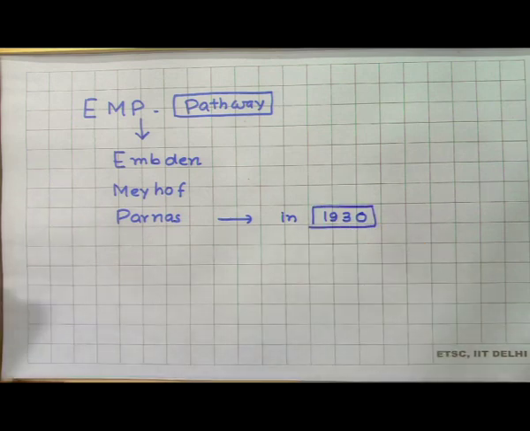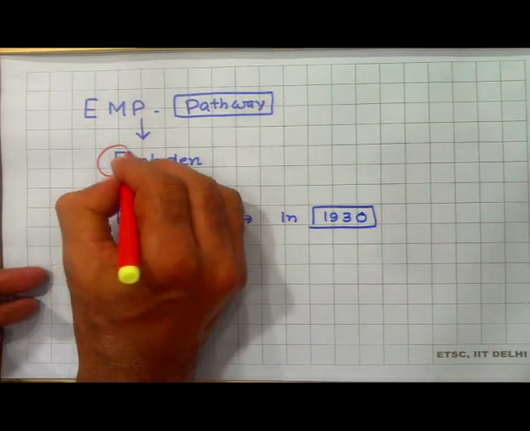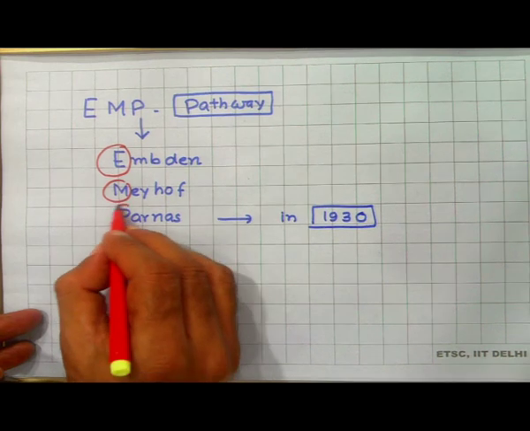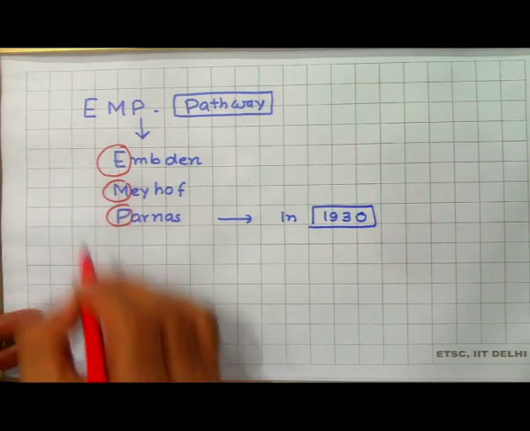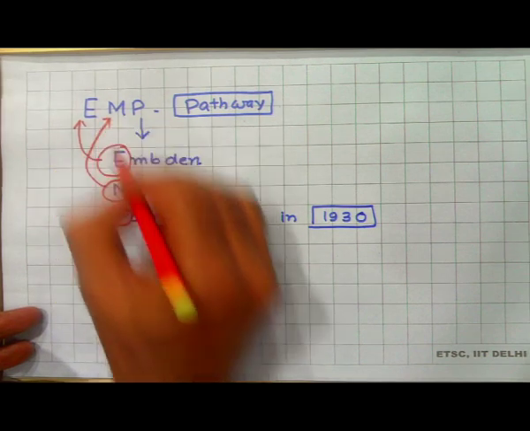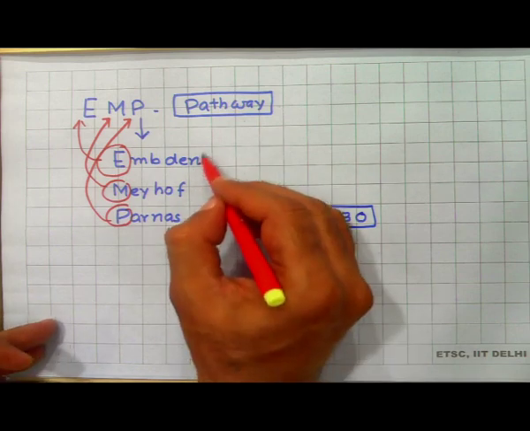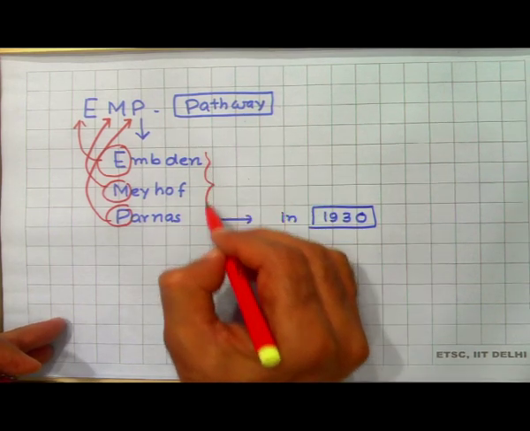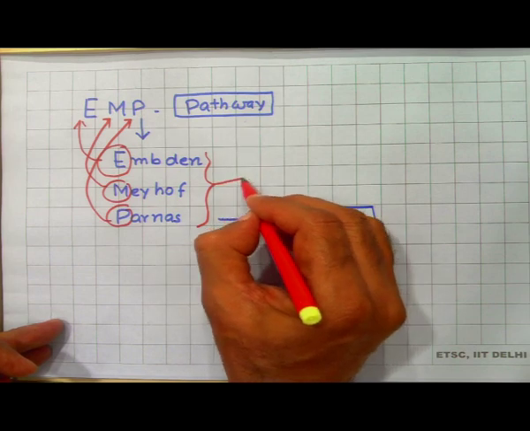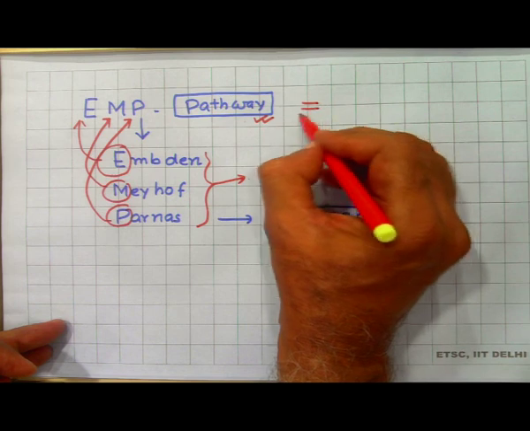So, the first letters of all 3 names are E, M, P. All 3 scientists Embden, Meyerhof and Parnas gave the pathway of glycolysis. So, this pathway is called EMP pathway or glycolysis.